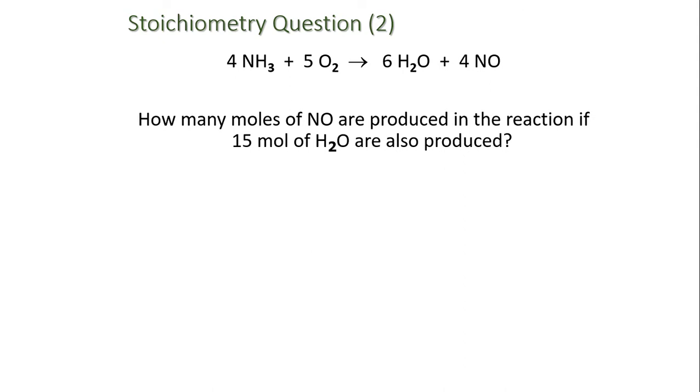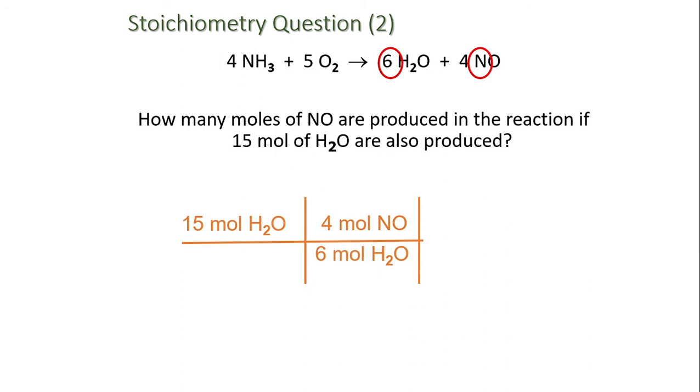Another example is how many moles of NO are produced in the reaction if 15 mole of H2O are produced. So we can get also our answer by basing it with this equation. So how do we do that? So the given 15 mole of water.